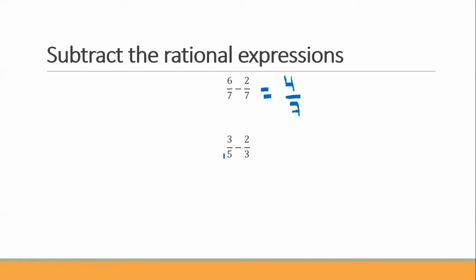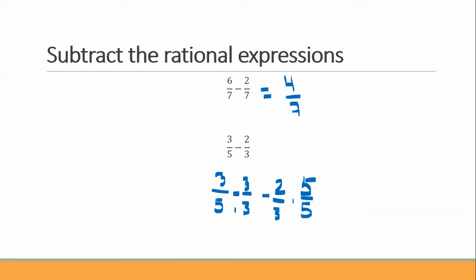This one we have 3/5 minus 2/3. We need our common denominator. These don't have any common factors though, so we're going to do 3/5 times 3/3 minus 2/3 times 5/5.